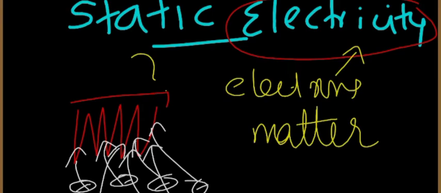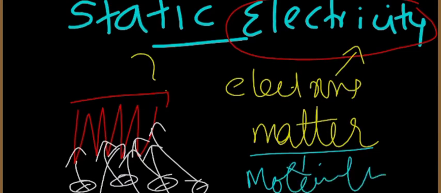So the atom is the most basic unit of everything around our universe. It is called the atom.